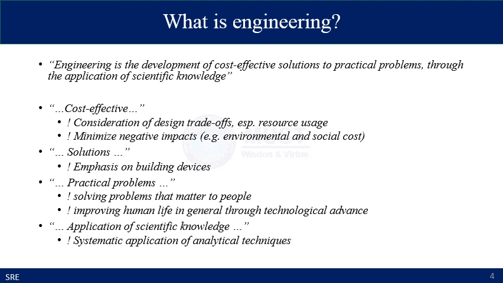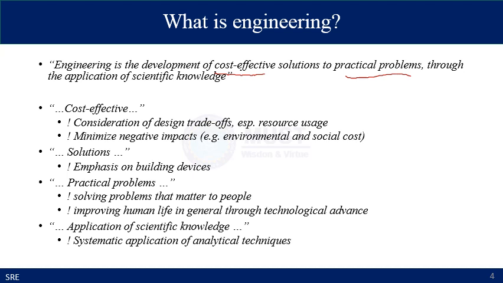So here we can identify a few critical pivot points or keywords for the definition of engineering. So first of all, we have the word cost effectiveness. So engineering is a systematic plan that ensures that each and every solution is cost effective and it meets the needs of the problem or it addresses a particularly new problem.